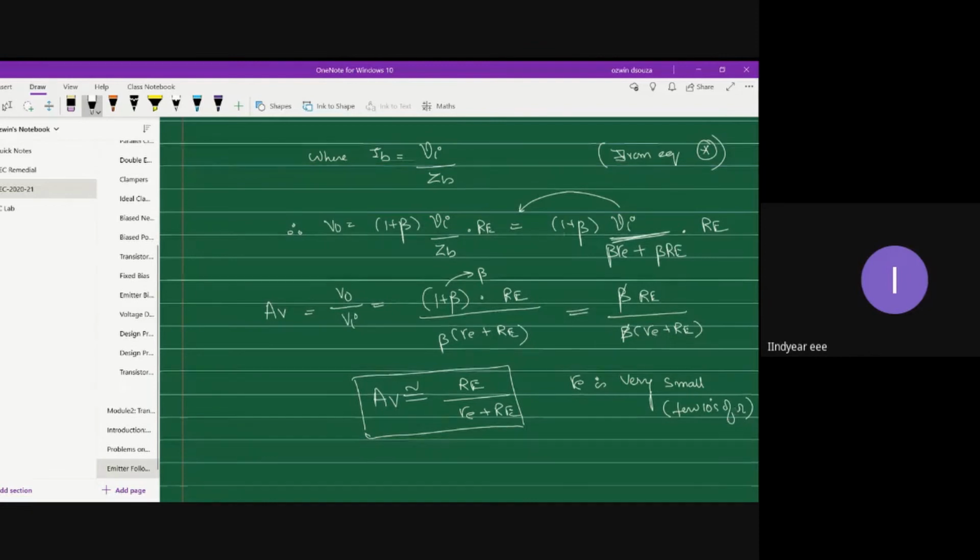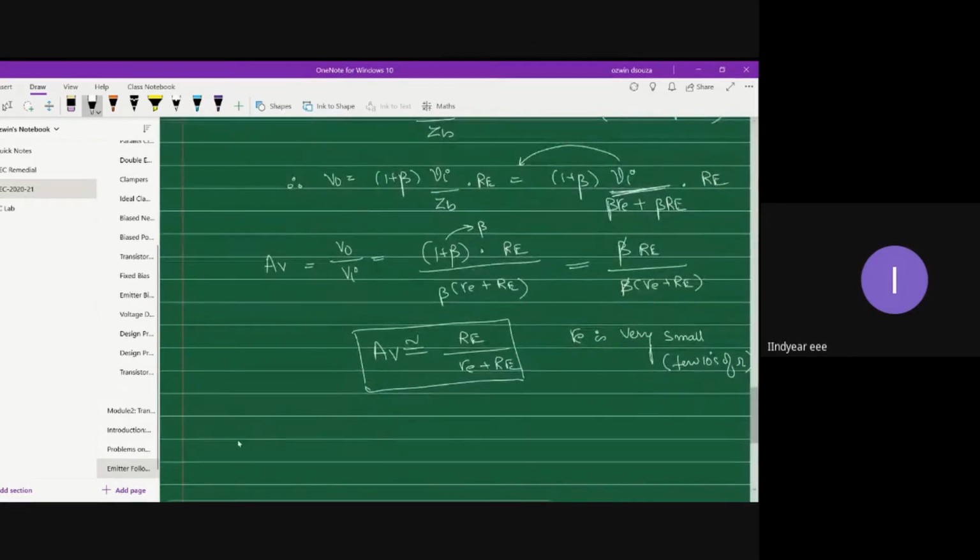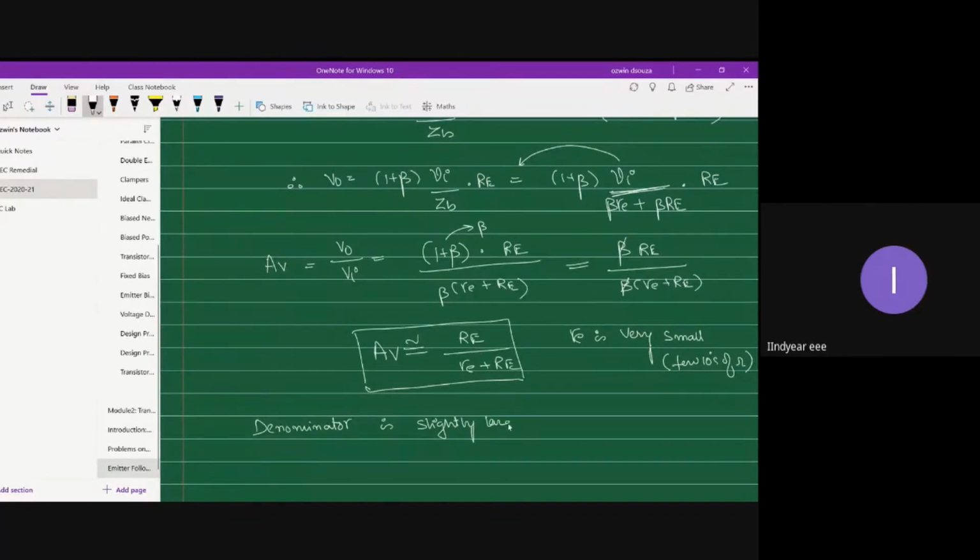That's the reason your denominator is slightly larger than the numerator. That is the reason your AV is very close to unity.